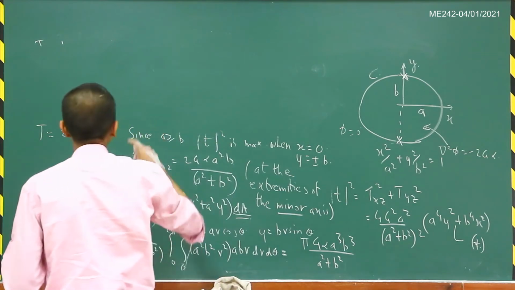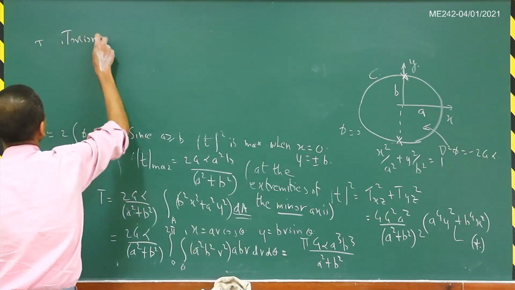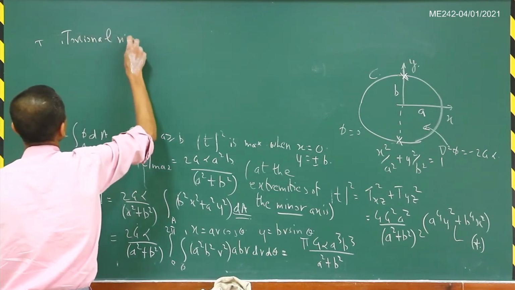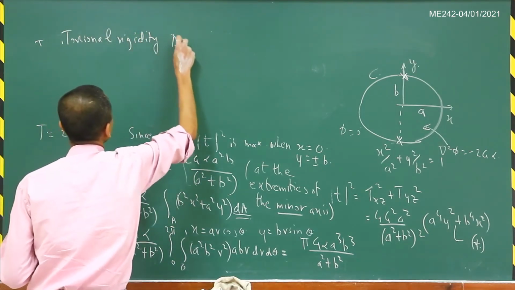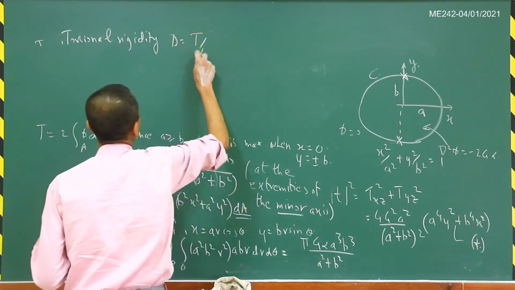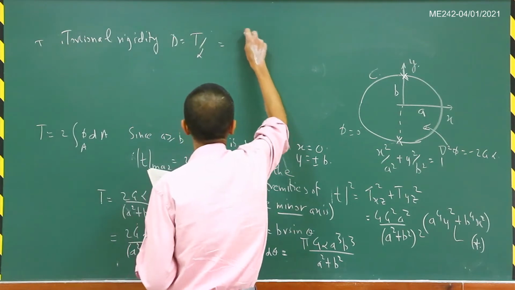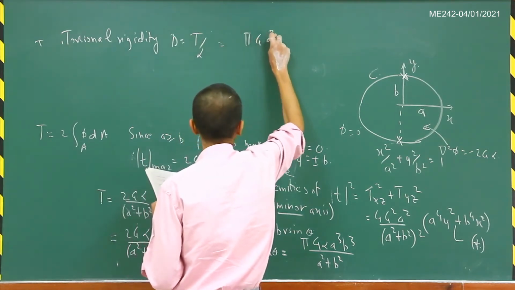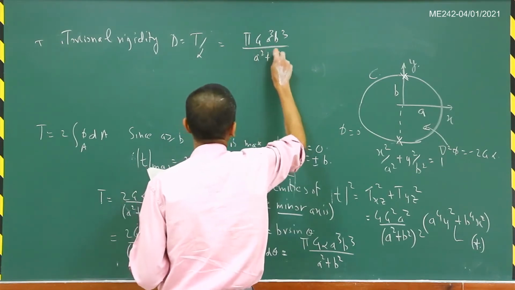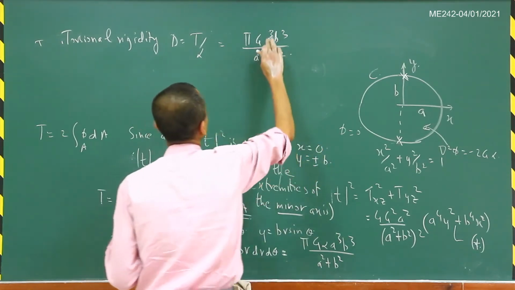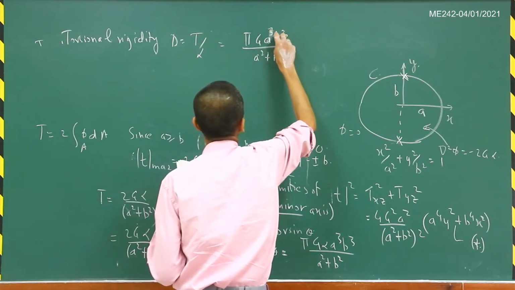The torsional rigidity D is equal to T by alpha, that is equal to pi G a cube b cube divided by a square plus b square. So this is a cube and this is b cube here.